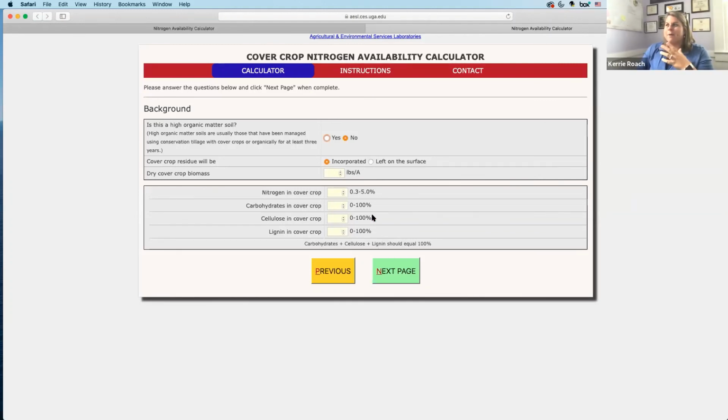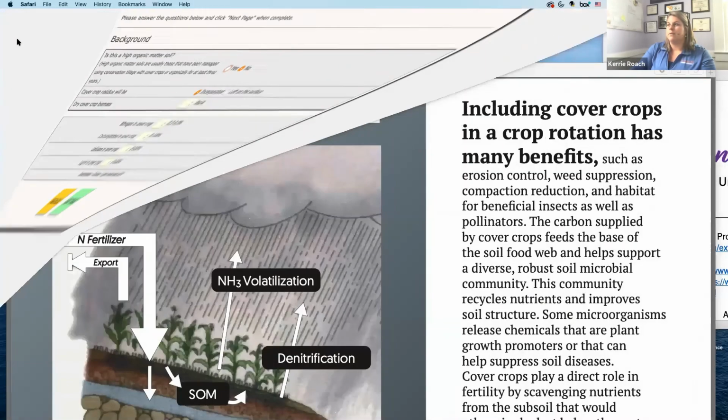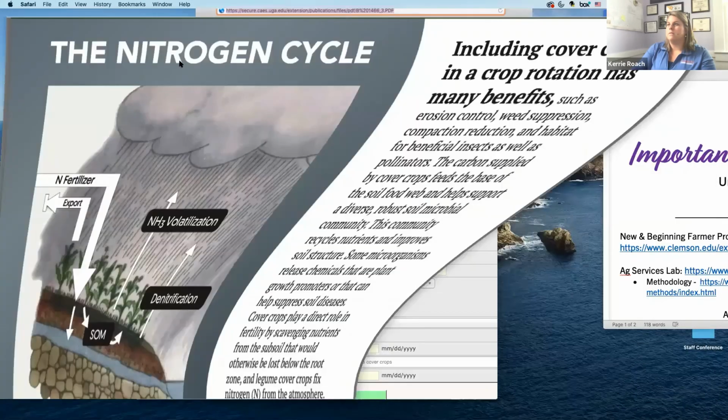So anyway, it's a great tool when you're putting in actual crops, trying to pull one and just play around with it. But what's going to happen is it's going to actually give you those results so that you know how much nitrogen is available from that cover crop, which is a really important tool for growers to be able to use.